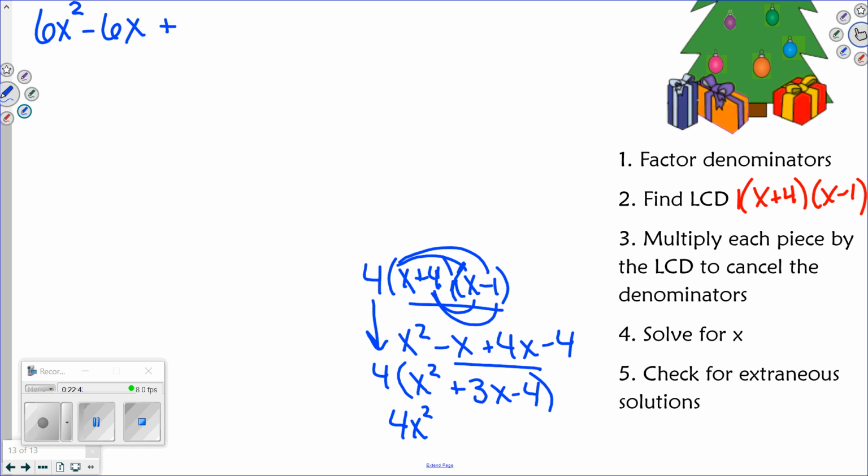So 4x squared plus 12x minus 16. It might just be easier to have it as a little side note, multiply, and then put it back. Don't do GCF. You're going to go right back to where you were. Don't factor it. You'll go right back to where you started if you factor. So that's what goes up here as the next part: 4x squared plus 12x minus 16.